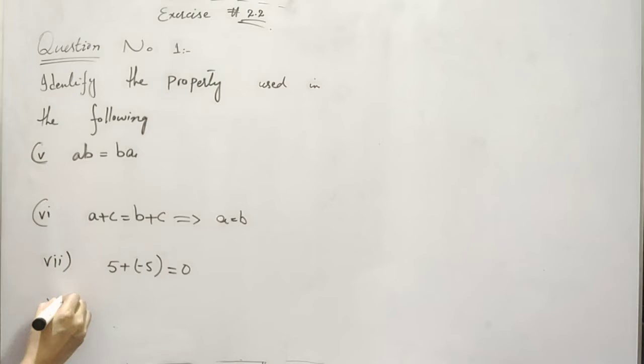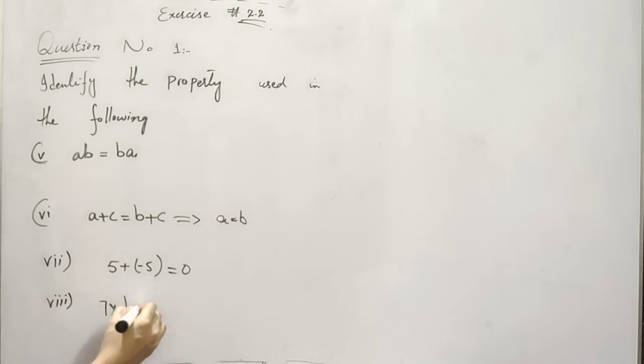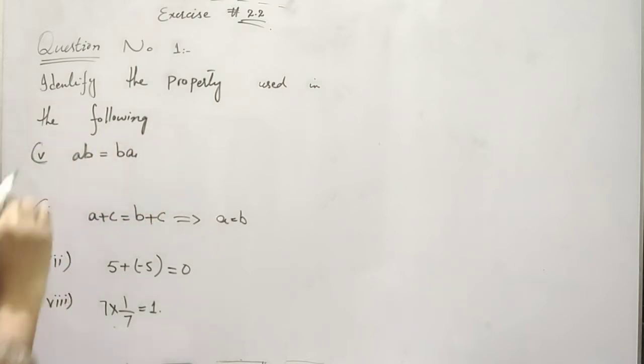The eighth part is 7 multiplied by 1 by 7 and it is equals to 1. Okay, AB is equals to BA.